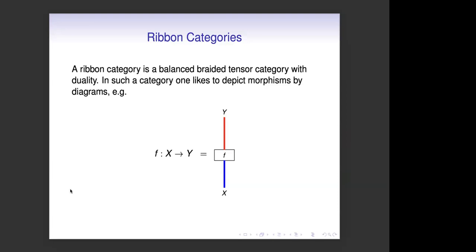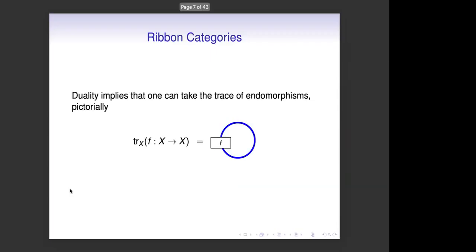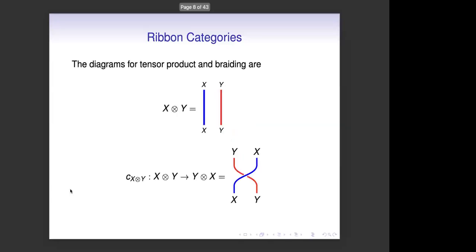A coupon then indicates a morphism from one object to another one, and that visualizes morphisms nicely. If you have the ribbon structure, in particular, you have an evaluation and co-evaluation, so you can take traces, and the number that you assign to a morphism, the trace, is visualized by a circle with a coupon for the morphism included.